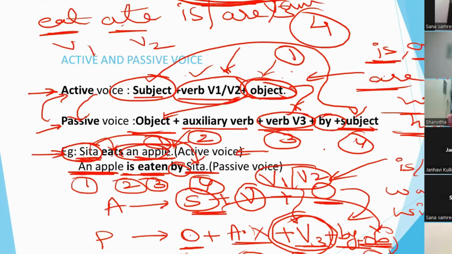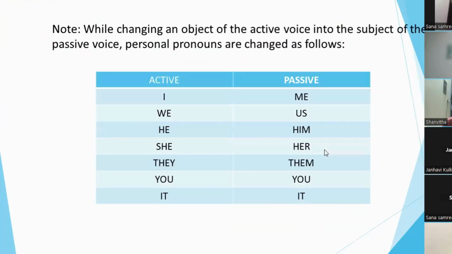Okay. So let us see how we can use the auxiliary verbs in different tenses. But before that, one more thing we have to understand: while changing the object of active voice into the subject of passive voice, the personal pronouns are changed as follows.